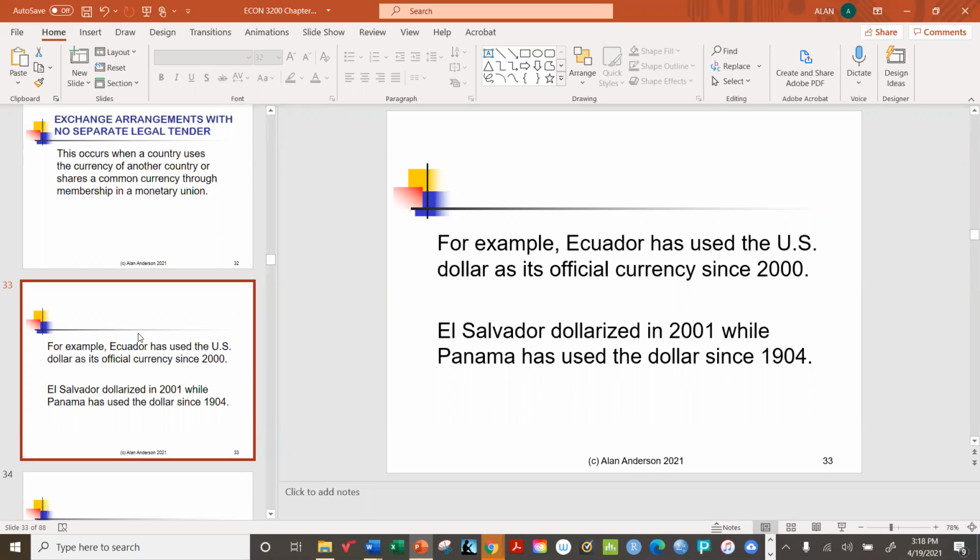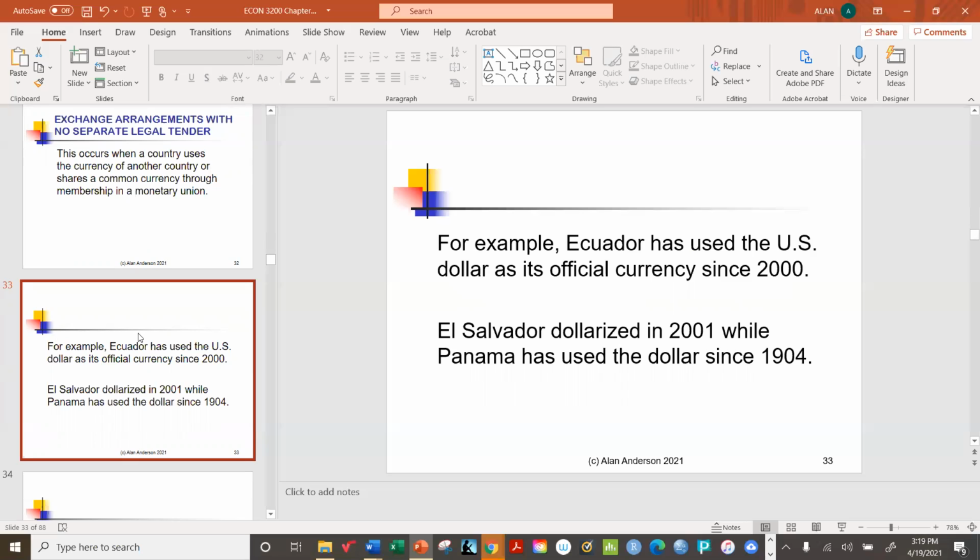Now, what's interesting about this system is that, as Ecuador, for example, you can only have a fixed quantity of dollars in circulation. You cannot increase or decrease the quantity of dollars, just like with the gold standard. The only way you can acquire more dollars is with exports to the United States.